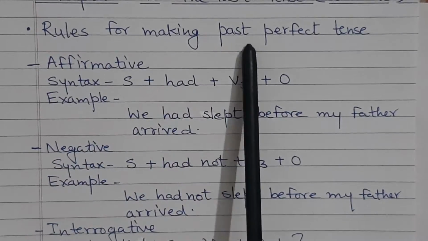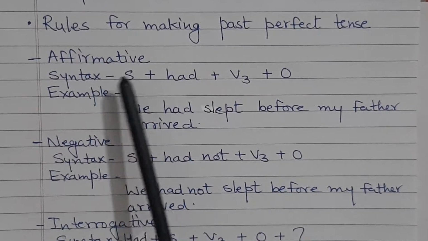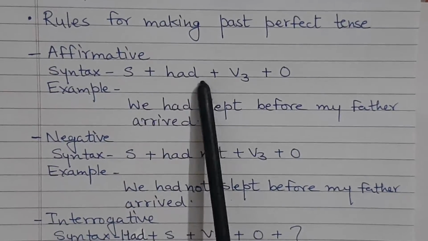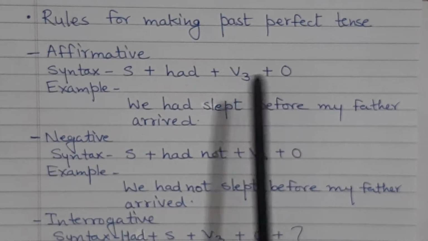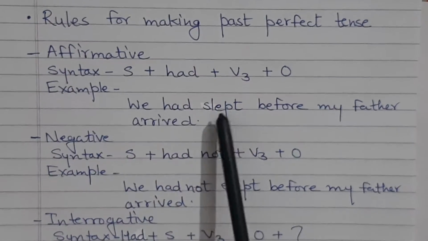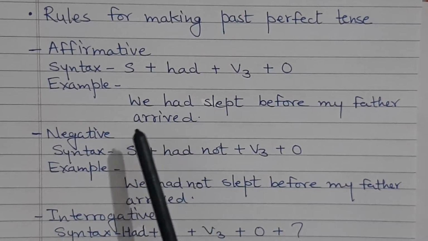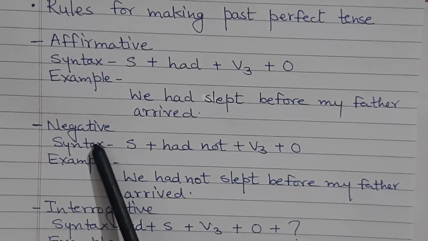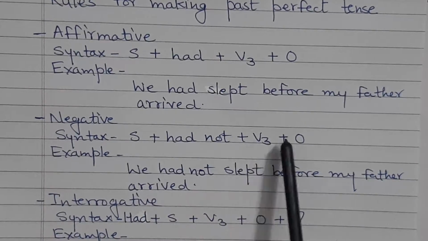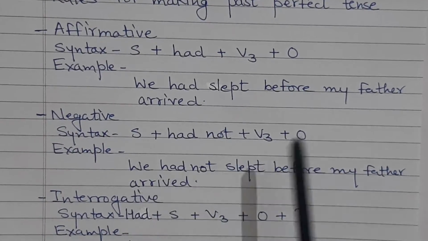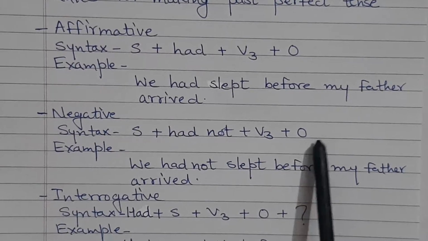Rules for making past perfect tense. Affirmative sentences, syntax: subject plus had plus V3 or past participle plus object. For example, we had slept before my father arrived. Negative sentences, syntax: subject plus had not plus V3, third form of the verb, or past participle plus object.